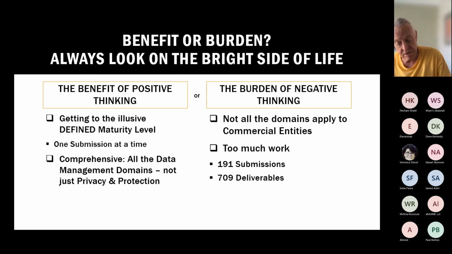Drew, I'm sure you can also comment on this: this regulation has been almost set up by the prince and the government to say, we are all going to achieve this level of maturity.